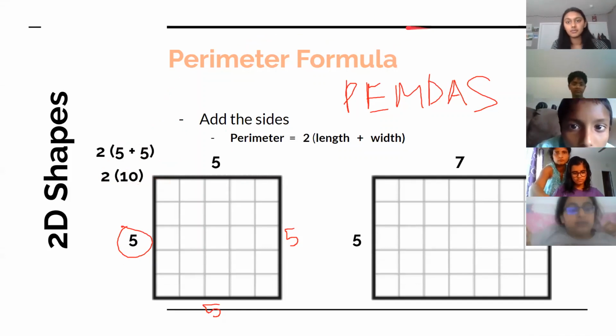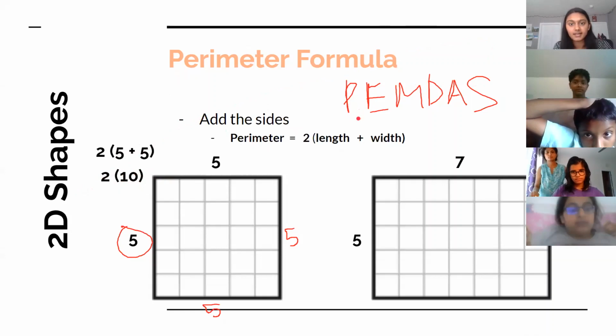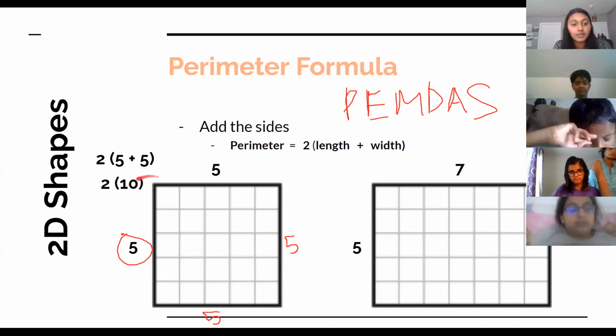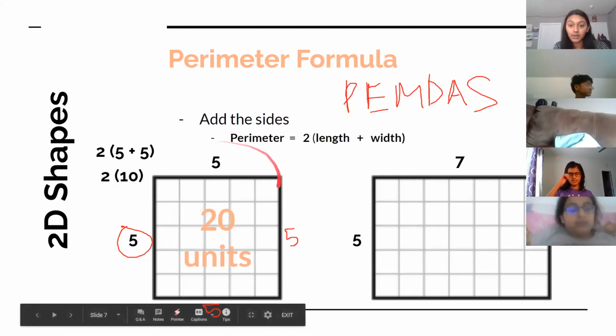And then what we're gonna do is this multiplication here, because that's next, right? So parentheses, we don't have exponents, and then multiplication. So we're gonna go ahead and do 2 times 10, and 2 times 10 is 20. So our answer is gonna be 20 units.